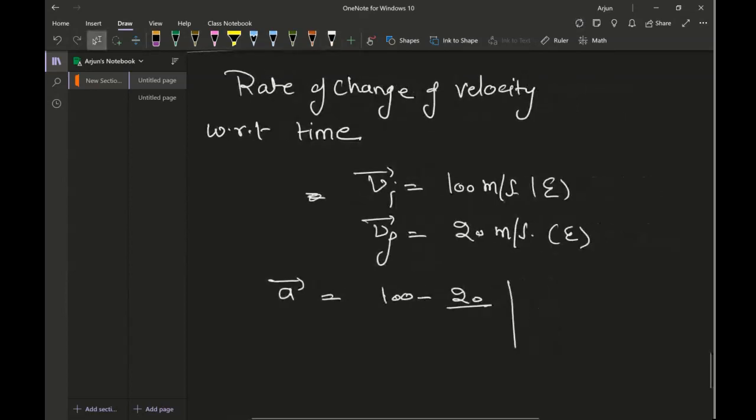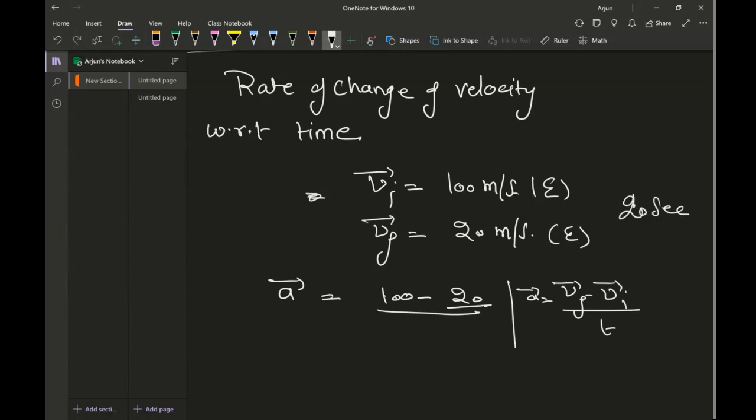So acceleration value will be equal to 100 east minus 20 east. Again, I haven't written the formula, so I'll write the formula down here. Acceleration equals v final minus v initial divided by time. So for the time taken, just to make the calculation easy, I'll say this process took 20 seconds. So this will be divided by 20.